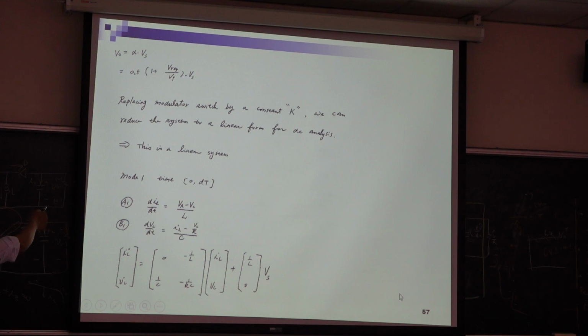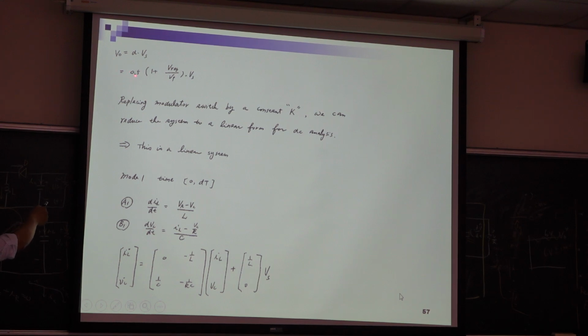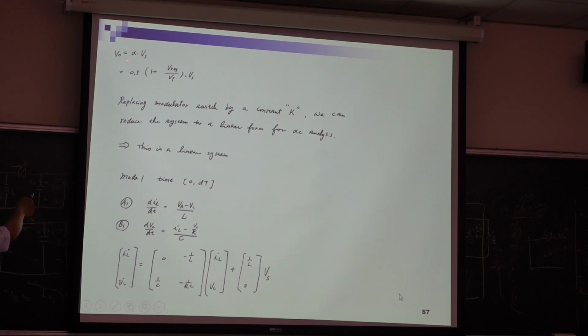So finally, we obtain VO is duty multiplied by VS. So duty is 0.5 times (1 plus error over VP), multiplied by VS. If the error is VP, then duty is 1. If the error is minus VP, then this is minus 1, and 1 plus minus 1 becomes 0, then duty is 0.